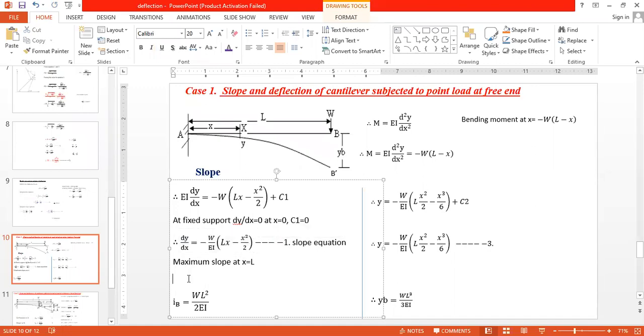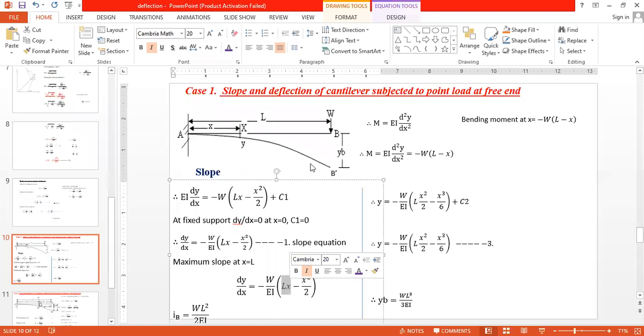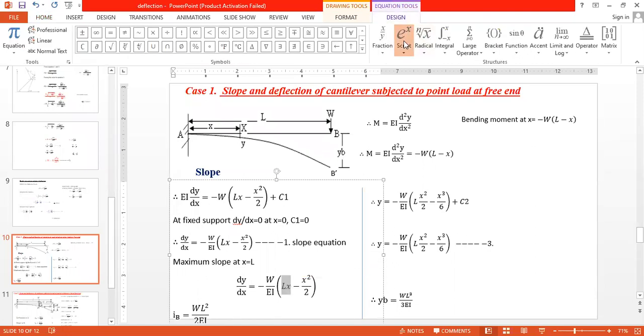You will get the slope at B. Here it is L square, and here it is L square by 2.